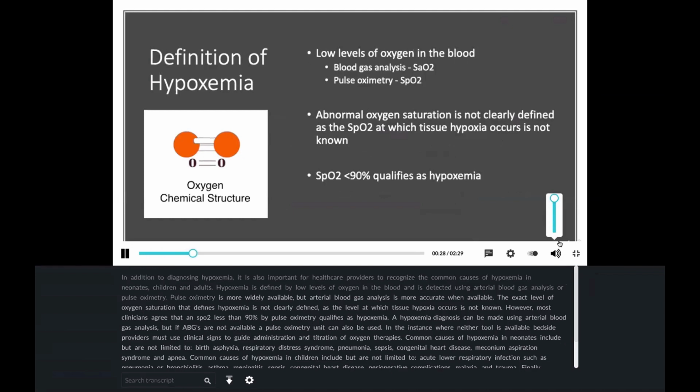Pulse oximetry is more widely available, but arterial blood gas analysis is more accurate when available. The exact level of oxygen saturation that defines hypoxemia is not clearly defined, as the level at which tissue hypoxia occurs is not known. However, most clinicians agree that an SpO2 less than 90% by pulse oximetry qualifies as hypoxemia.